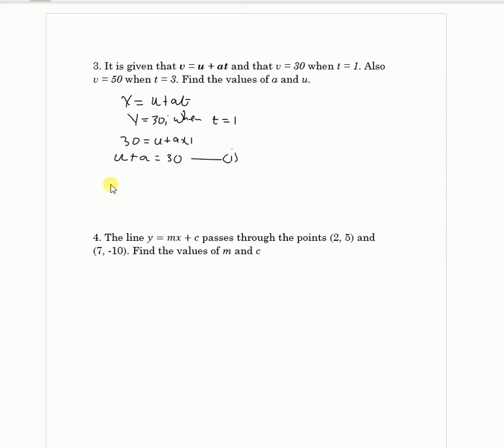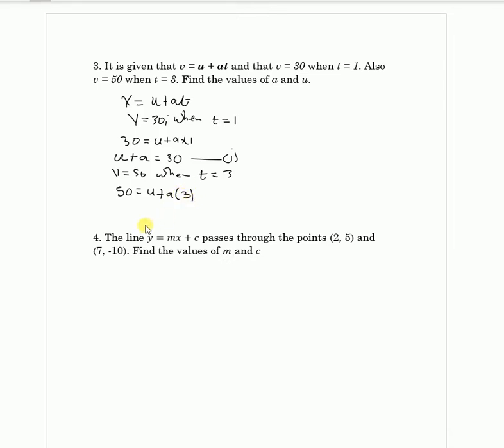Then also they say that v equals 50 when t is equal to 3. So we shall still have, in the place of v, 50 equal to u, the u is there still, plus, what is a is not given, but what is t? t is 3.